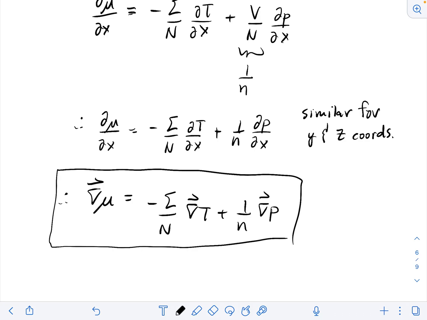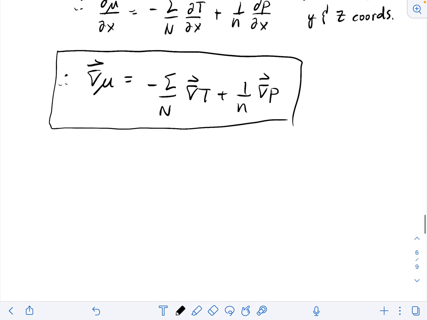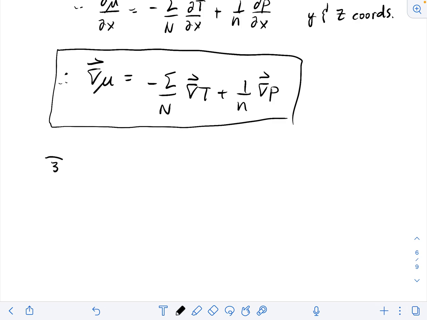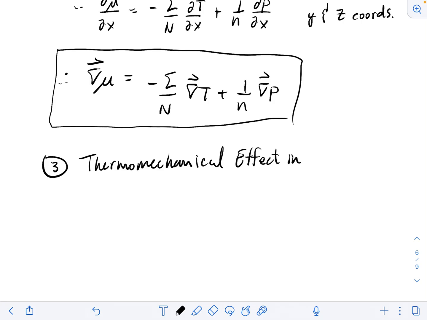Okay, so we want to use that now. The third goal for today was to talk about the thermomechanical effect in helium-2. What we're going to do is substitute our expression for the gradient of the chemical potential into the superfluid equation of motion.